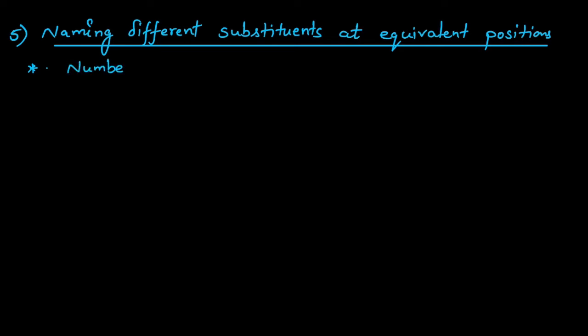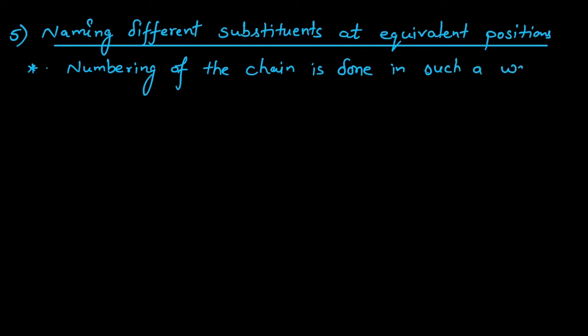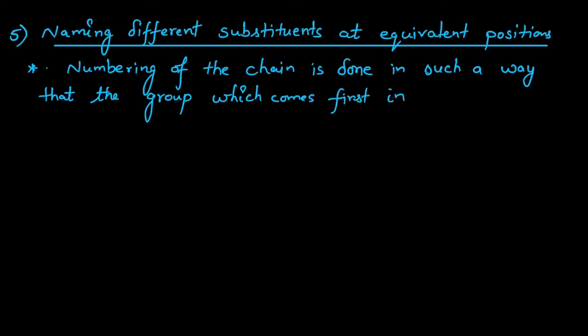If 2 different substituents are present at equivalent positions from the 2 ends of the chain, then the numbering of the chain is done in such a way that the group which comes first in the alphabetical order gets the lower number.